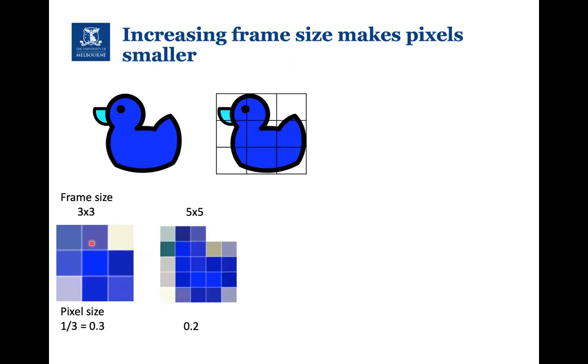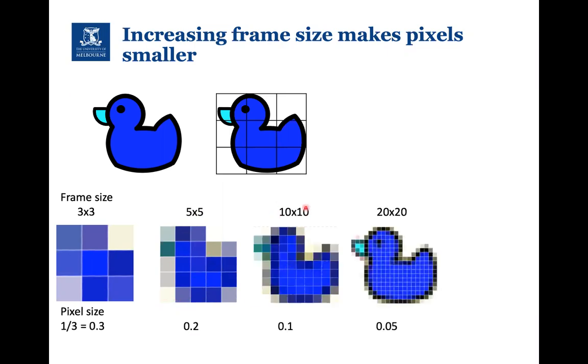What we've done is digitize this into pixels, and if our experimental need is to count the number of blue ducks in an image, then hopefully you would say that at a frame size of 3 by 3 you can't really say whether that's a blue duck or not. By the time you're sampling 5 by 5, it's probably getting a little bit closer to you being able to say that that is one blue duck.